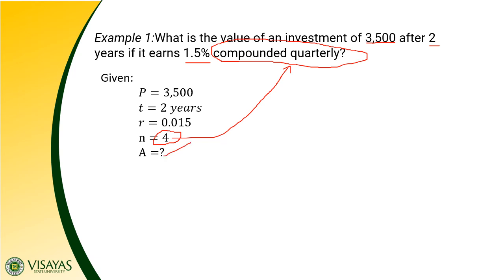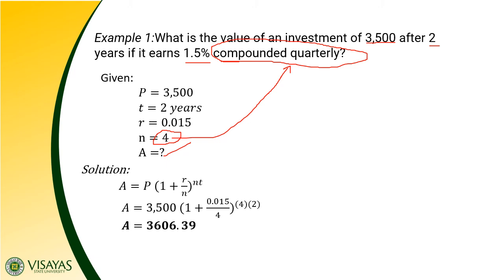And to find the A, let's have here the formula. A is equal to P times (1 plus R over N) raised to N times T. Then, substitute the given. P is 3,500. R is 0.015. N is 4. And T is 2. Simplify. We have here 3,606.39.